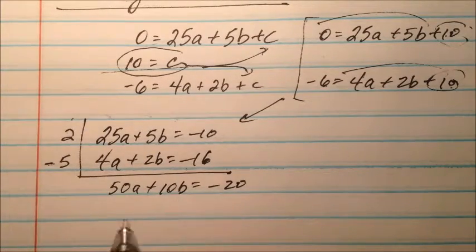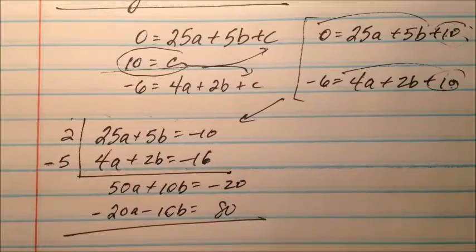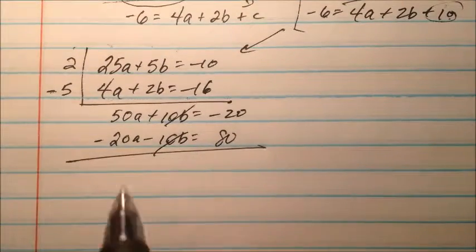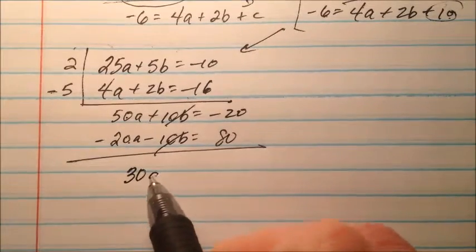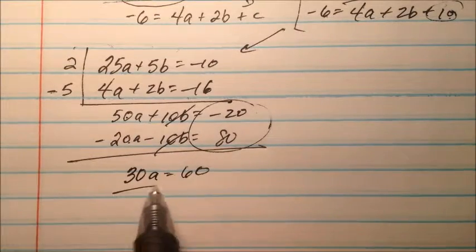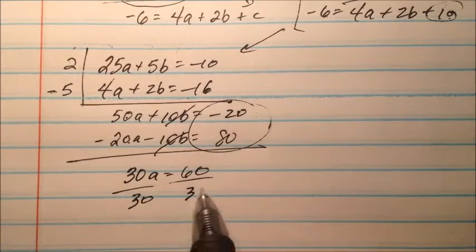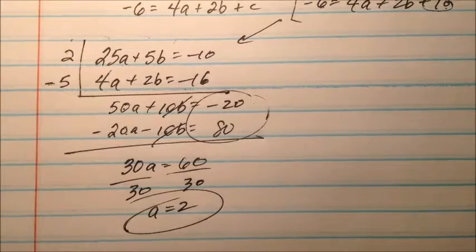And then I'll run the negative 5 through the second equation and get negative 20a minus 10b equals positive 80. And my b's cancel by design. So my 50 minus 20 for my a's is 30a equals, and the negative 20 plus 80 is 60. So when I divide both sides by 30, my a value equals 2.